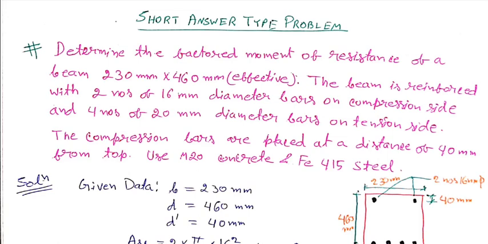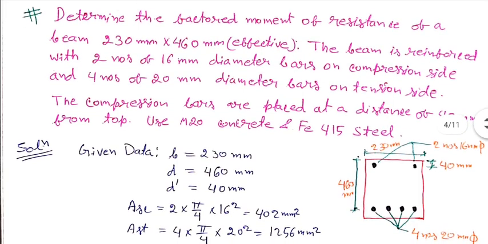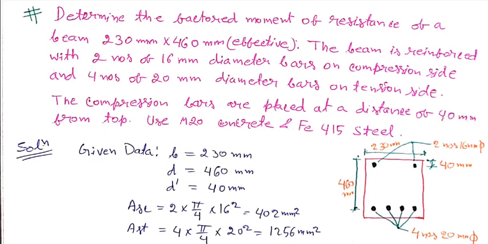As I told you every time, to solve any problem, read the problem several times. So as per the problem, let's first draw the section. The cross section is not given in the question, so you have to draw it to understand better, like I have drawn it.